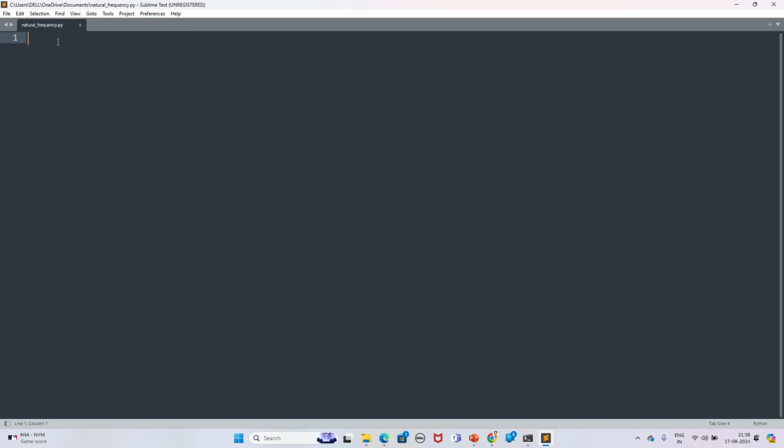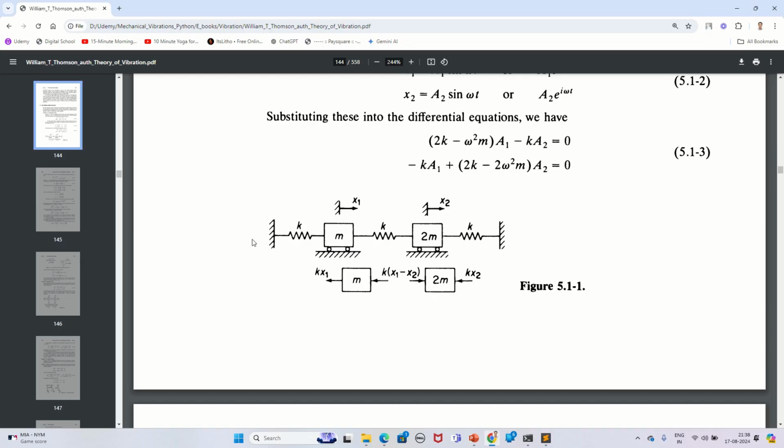Hello friends. In this lecture I am taking one tutorial on a Python program application to calculate the natural frequency of a multi-degree of freedom system. Here I have one problem from a book, a 2-degree of freedom system.